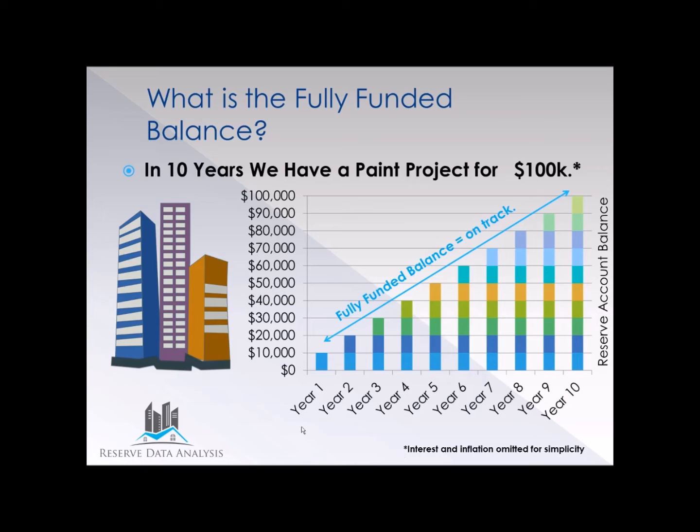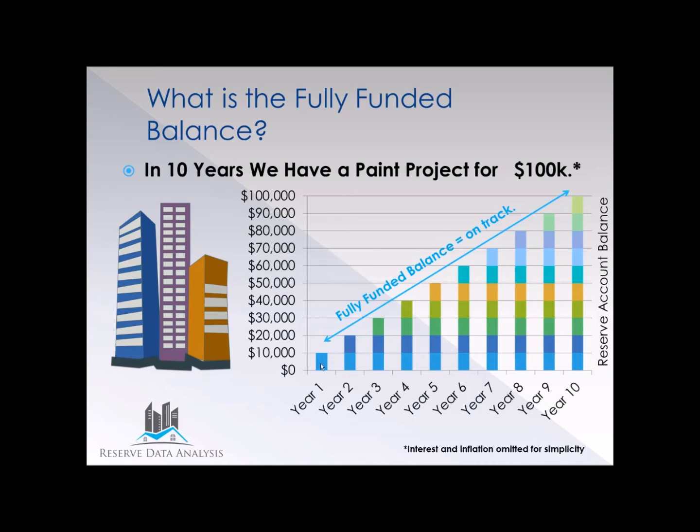So say we have a building here that needs to be painted at the end of 10 years with an expected cost of $100,000. So in this particular community, we have, again, this graph here. We have 10 years. This is the time period we need to save this $100,000. And we have the amount on the left side here from 10,000 up to 100,000.